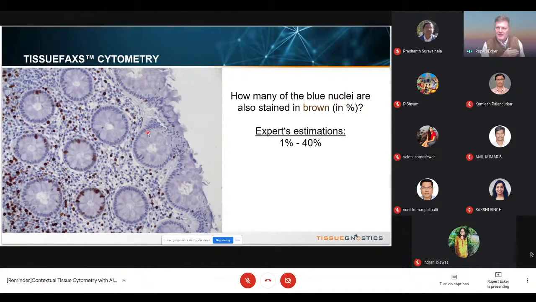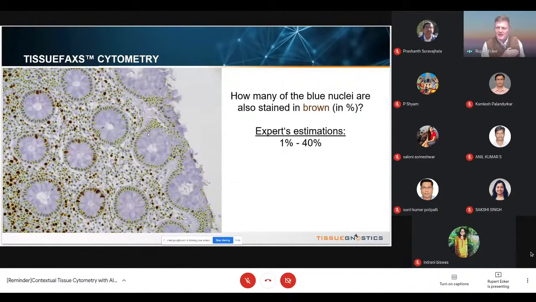And the answer that we received ranged from 1% to 40%. So, which is a pretty big difference, if we are honest, right? This is a very good illustrative example of visual evaluation and the main problems associated with visual evaluation. We always get a range of estimations rather than a reproducible measurement.